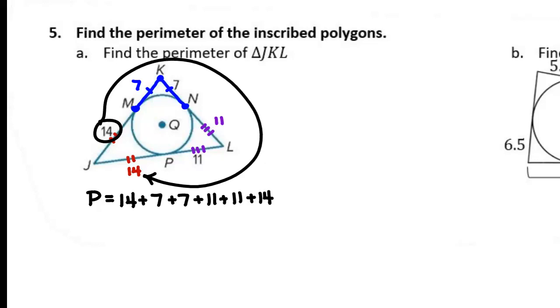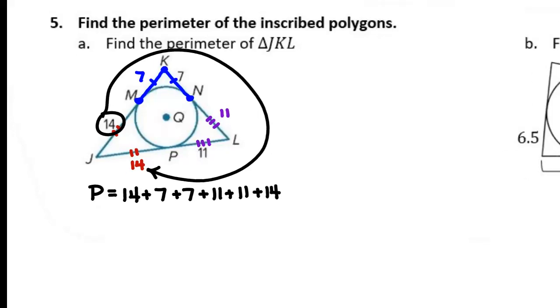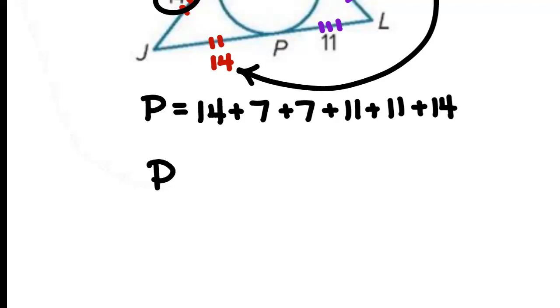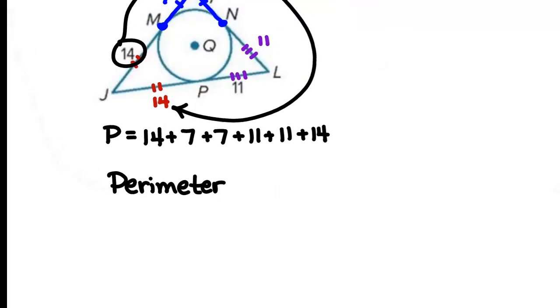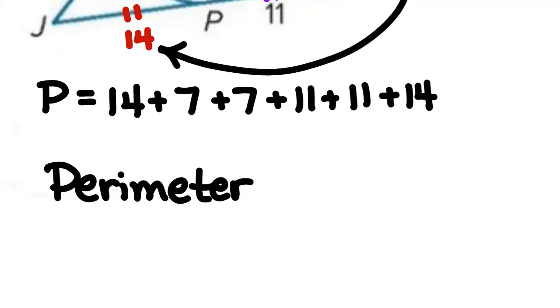Have I grabbed every single number around that triangle? Yes. So now I need to add those together. What is 14 plus 7 plus 7 plus 11 plus 11 plus 14? 64 is absolutely correct.